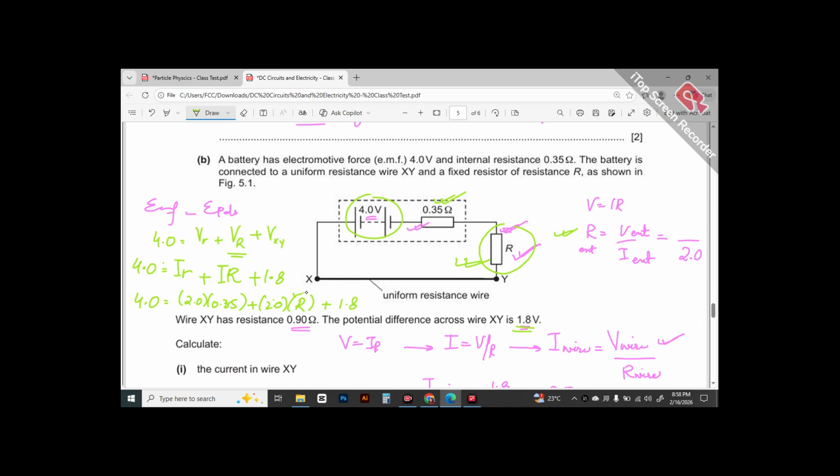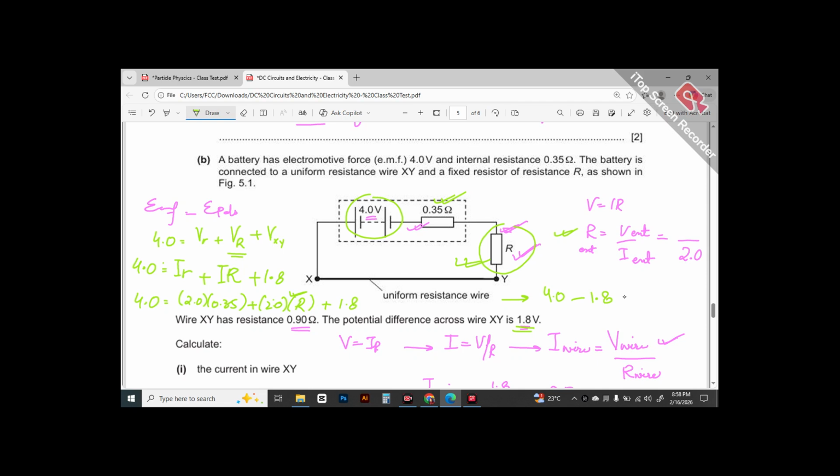Everything is known, only this R is unknown. So you just rewrite your equation, which I'm doing here. Do not mind the mess here. I just wanted to do the working right next to the figure instead of having to scroll back and down again and again. So 4.0, इसे यहाँ पर रखें. We'll shift the other values to the left side.